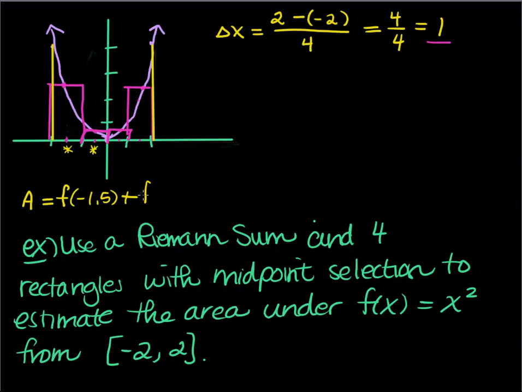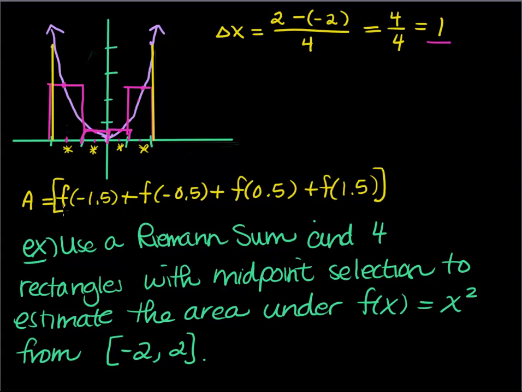That's just f of -1/2, so -0.5, plus, let's do this one. Between 0 and 1 is 1/2, so I would just do 0.5. And then between these two here is 1.5. So plus f of 1.5. And then technically this whole thing, those are all the heights, is being multiplied by the width of each rectangle, which is just 1.